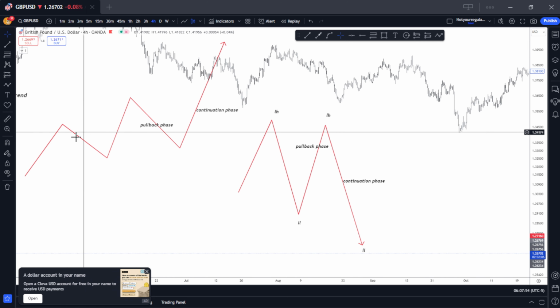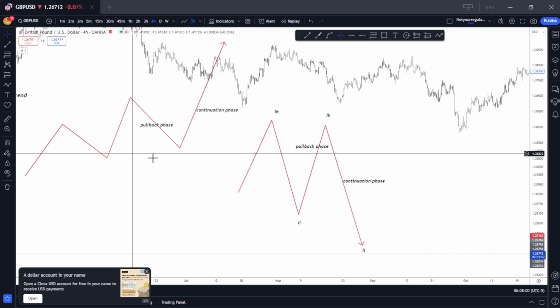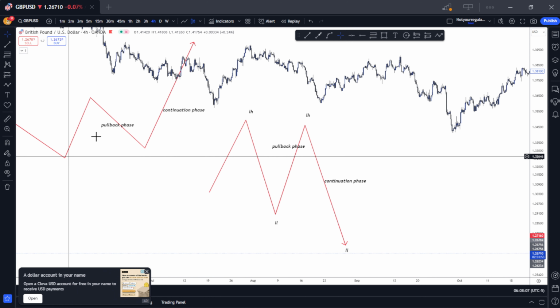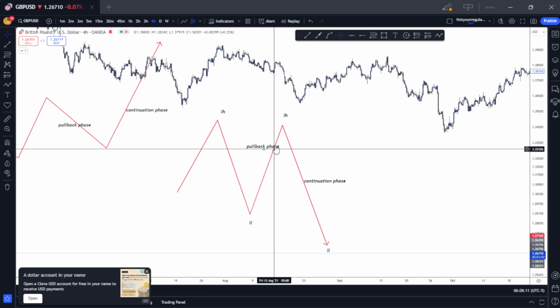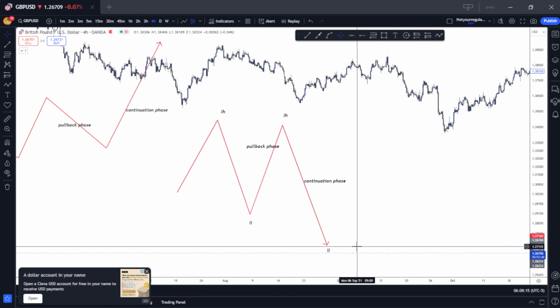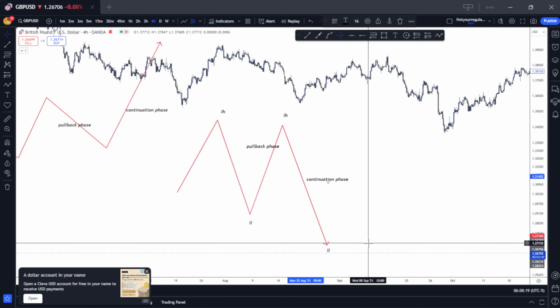Hope you understand. The pullback phase is when the market is retracing down back to seek liquidity before taking off to form the continuation phase. That's for an uptrend. Then for a downtrend, the pullback phase is when the market is retracing up to seek liquidity before continuing the overall trend, which is a downtrend, and giving us the continuation phase.